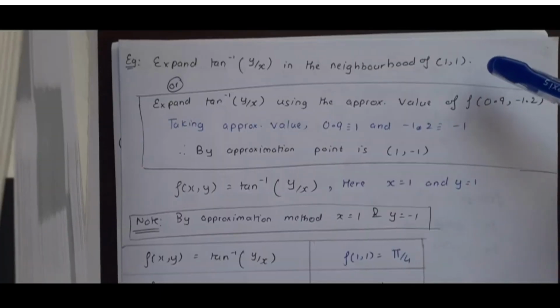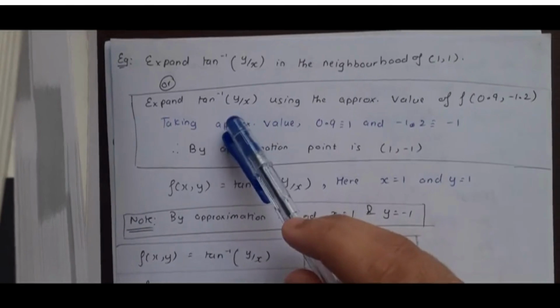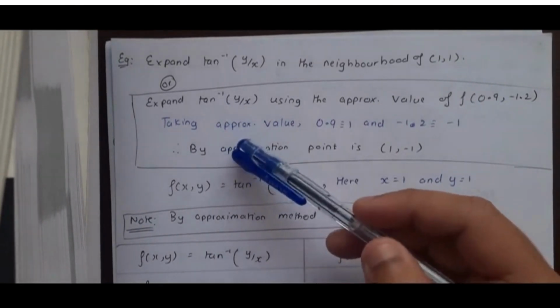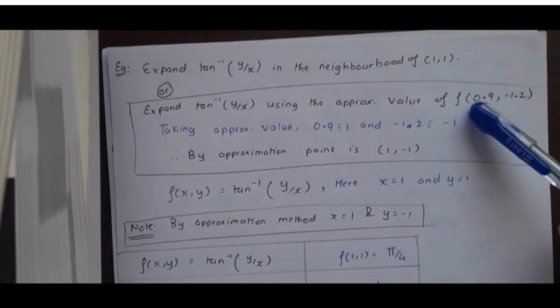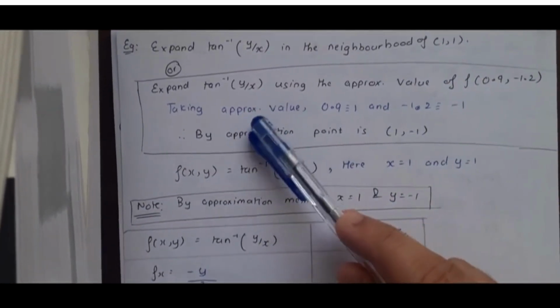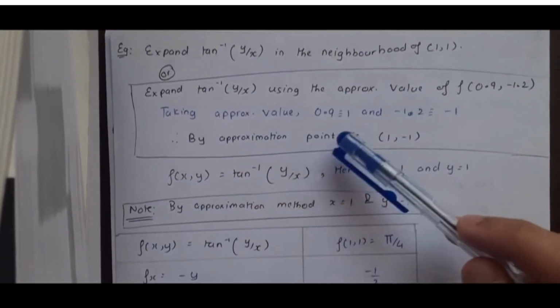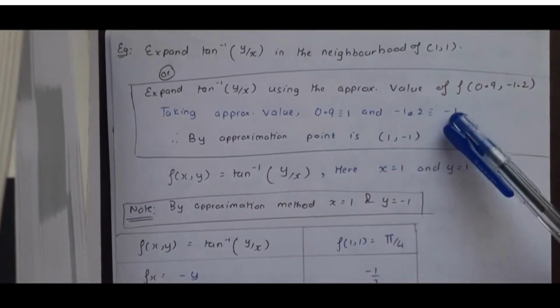Another example we take is expand tan inverse of y by x in the neighborhood of 1 comma 1, or we can say expand tan inverse of y by x using the approximate value of f of 0.9 comma minus 1.2. So taking an approximate value, we take 0.9 to 1 and minus 1.2 to negative 1.